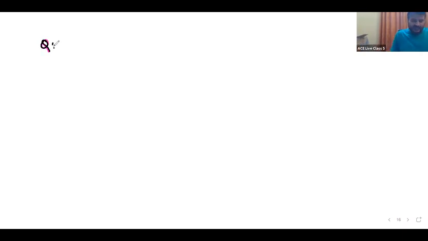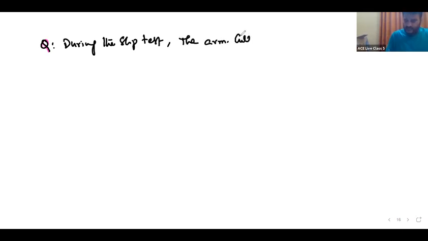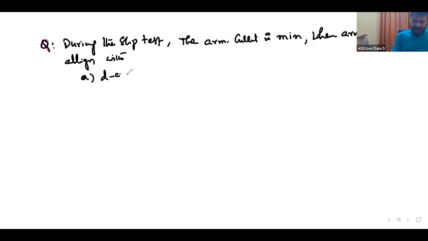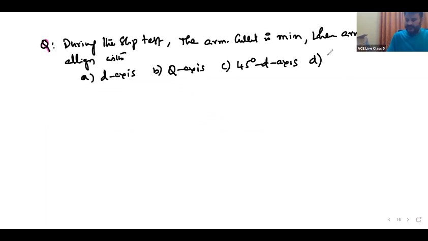During the slip test, the armature current is minimum when armature poles MMF align with: A, D axis; B, Q axis; C, 45 degrees to D axis and 45 degrees to Q axis. What is your answer?